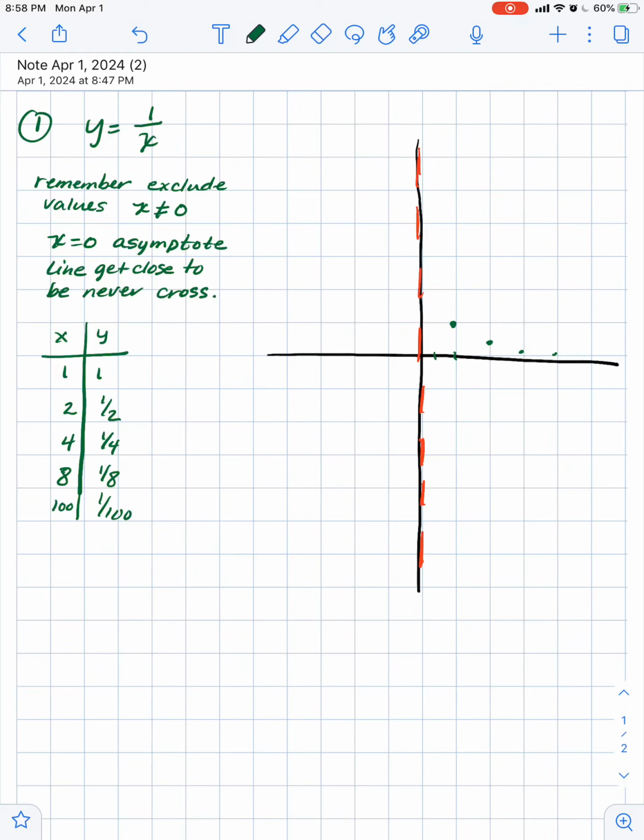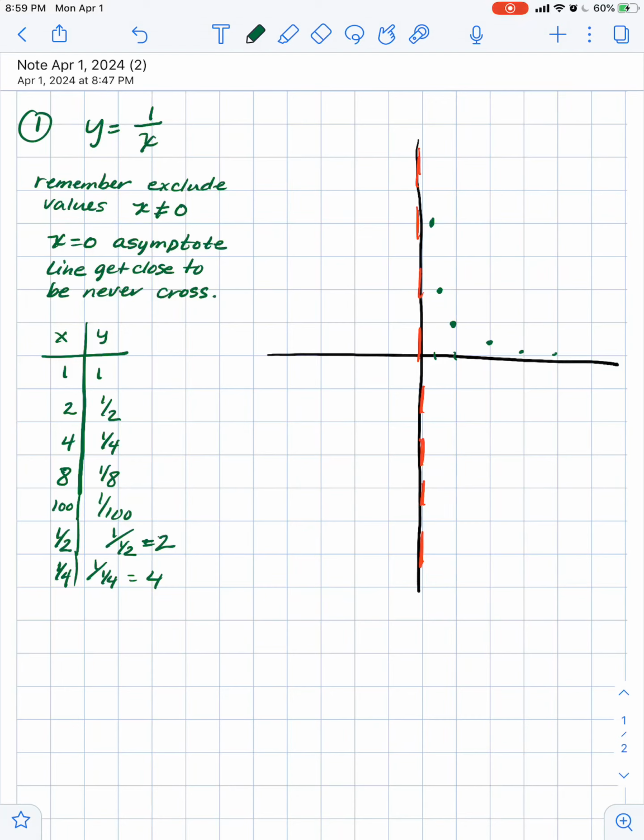What if I put in 1/2? What would happen? Well, I would get 1 over 1/2, and hopefully you know the reciprocal of that. That would be 2. So at a half, I'm actually up at 2. And if I was at 1/4, that would be 1 over 1/4, which would be 4. And so forth.